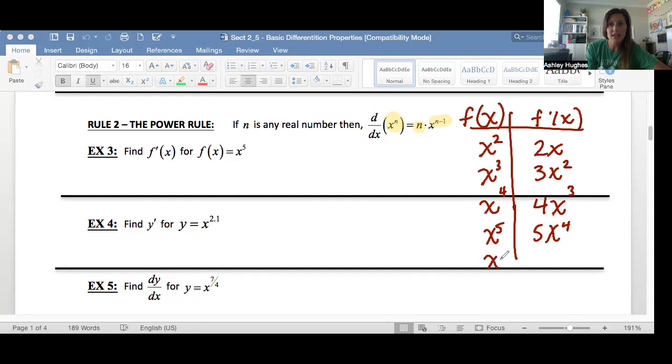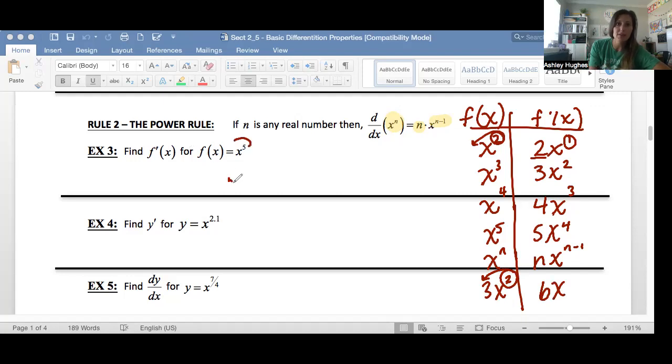If I have any x to some n power, hopefully you notice this power got pulled down in front, and then this new power is just 1 less. So the derivative of x to the n is nx to the n minus 1. And if you have something in front, like say I had 3x squared, you can pull this down and multiply the 2 and the 3 together. So it'd be 6x. All right, so what's the derivative of x to the 5th? We just pull the 5 down and subtract 1, so 5x to the 4th.